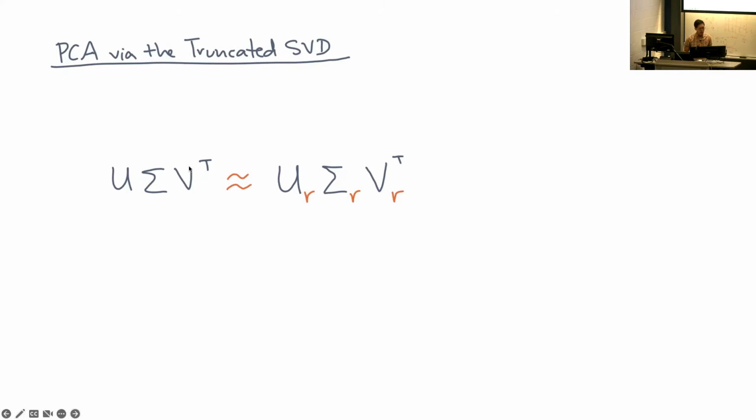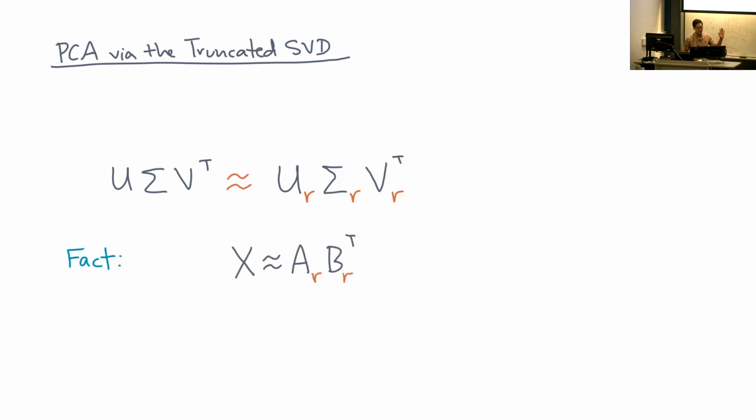I do the same thing with V, and the same with sigma to get the right shape. If I just keep the top r singular values and their singular vectors, remembering I've ordered the singular values from largest to smallest, then this will be a rank R approximation of the left-hand side.